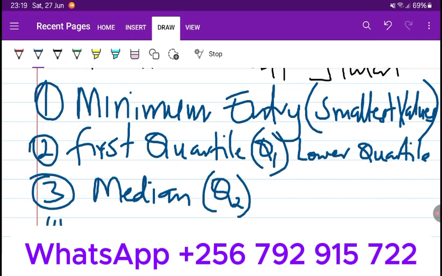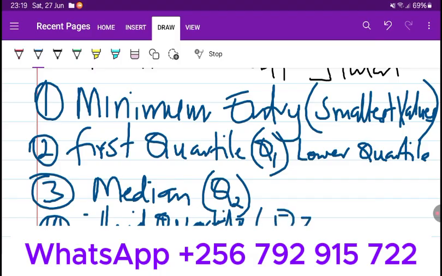Then the fourth number that you must know is the third quartile, which we call Q3. This is the upper quartile, while the middle one is the second quartile, the median.